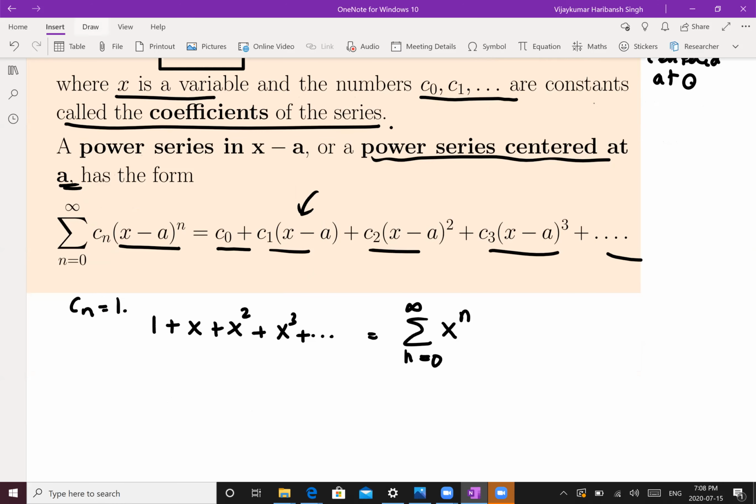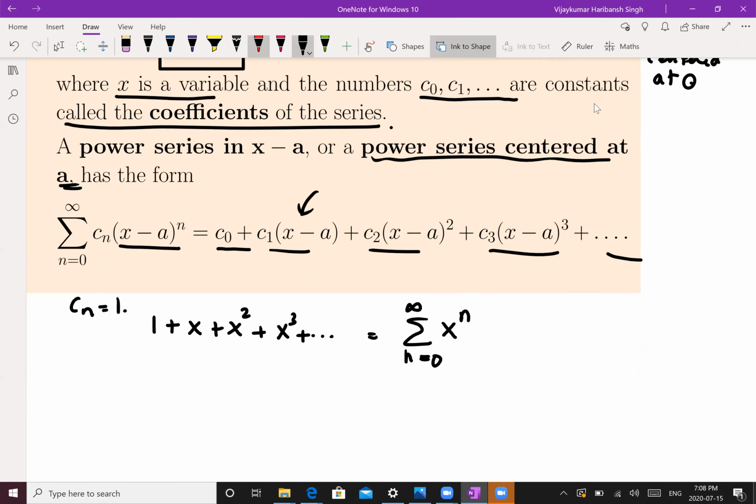Why is it a geometric series? Because you start with 1 and then you multiply by x, then multiply by x again, and each time multiplying by x you get the next term. So this is a geometric series with a equals 1 and r equals x.